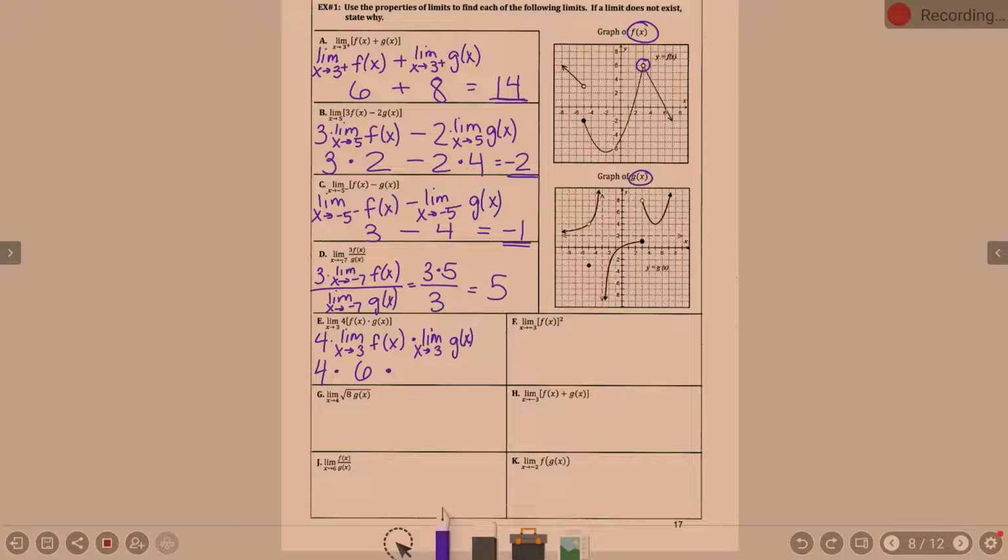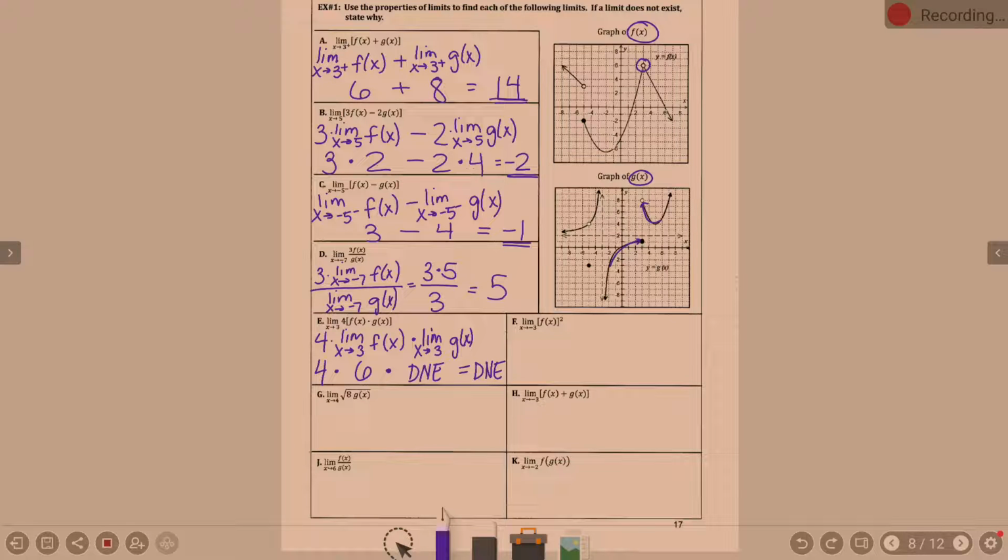No. There's 2 sides. Okay, so as x approaches 3, we've got to get going to 2 places, don't we? And so what do we know about the limit as x approaches 3 of g of x? It does not exist. And if that one piece of the limit does not exist, guess what? The whole thing does not exist.